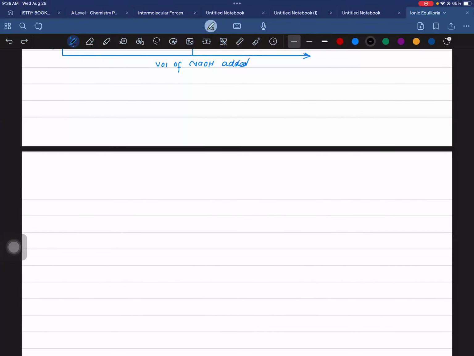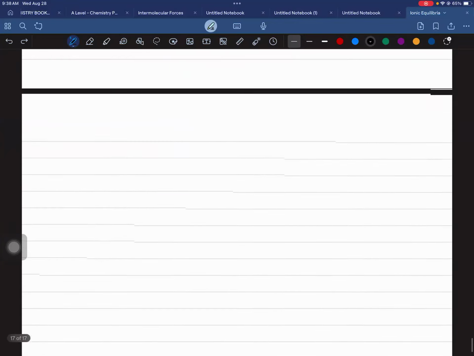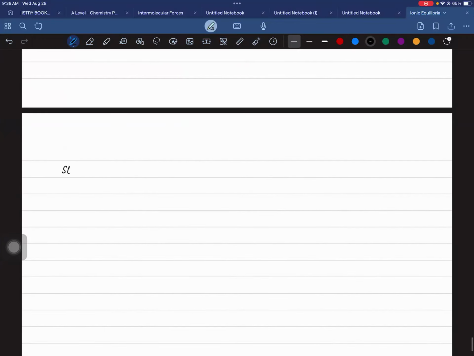Can you draw this strong acid and weak alkali? Can anyone just draw it and then send it to the group?